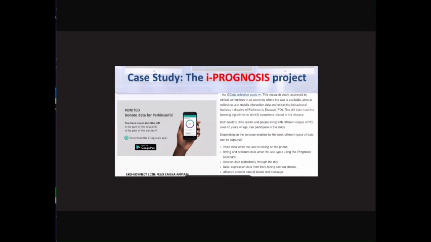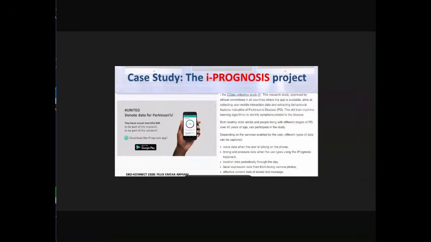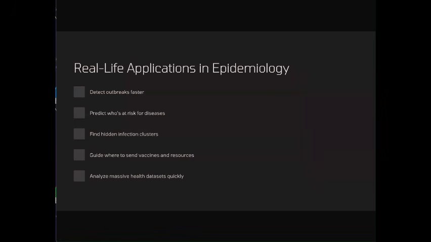This one also, the eye prognosis, works like this: you just snap the child's face and it will be able to tell you whether that child has autism or not based on the visual features. These are deep learning. There are a lot of them.